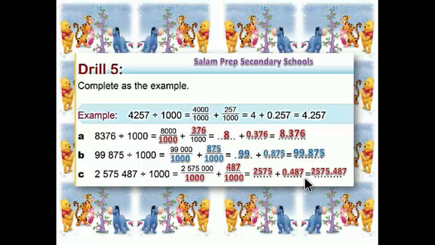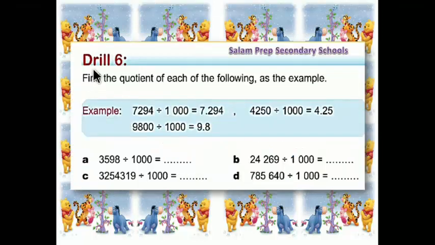Now 2,575 plus 0.487 equal 2,575.487 in decimal part.